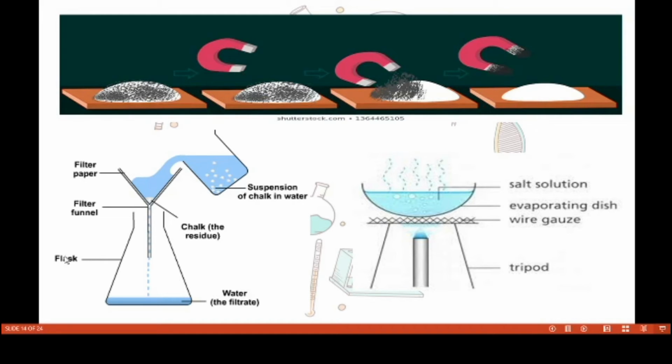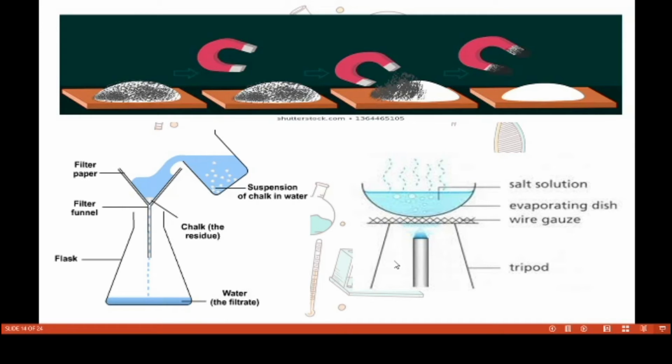Now add some water to the mixture of common salt and chalk powder and stir. Common salt dissolves in the water to form the salt solution, whereas chalk powder does not dissolve. It remains undissolved. On filtering, the chalk powder is obtained as a residue on the filter paper, and the salt solution is obtained as the filtrate.